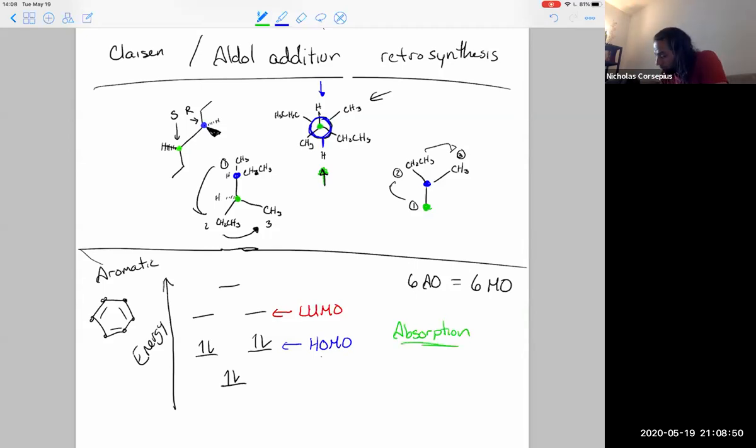The light's going to be absorbed, but why? Nobody? Has everything to do with these HOMOs and LUMOs.